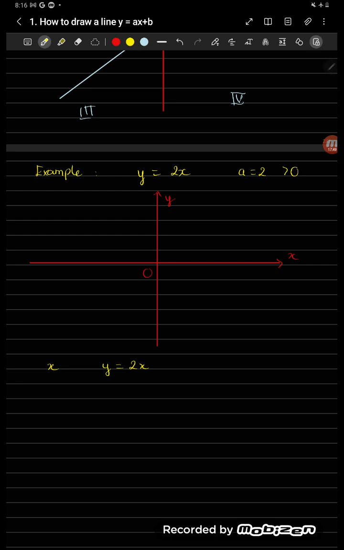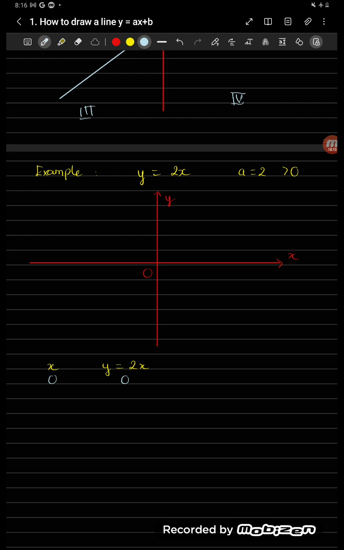The first point is 0, 0, the origin. For the second point, you just take any value of x and calculate y based on the equation y equal to 2x. We take a small value of x, so that it is easier when we draw.